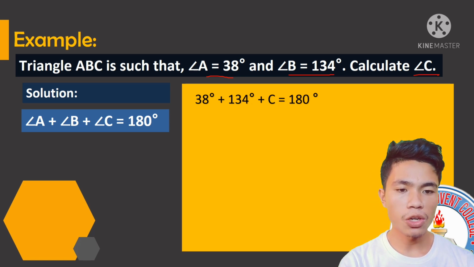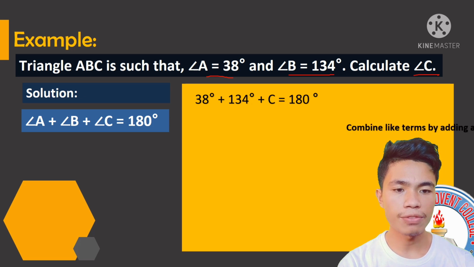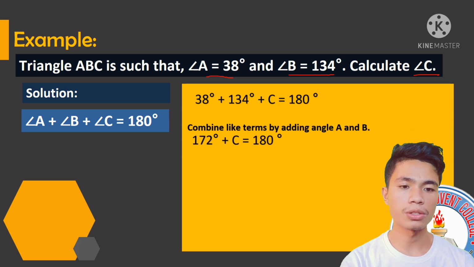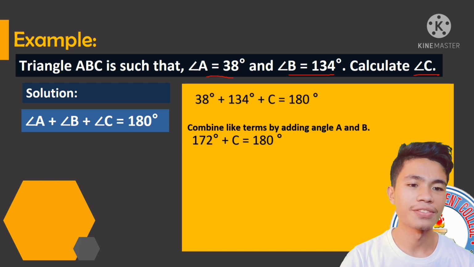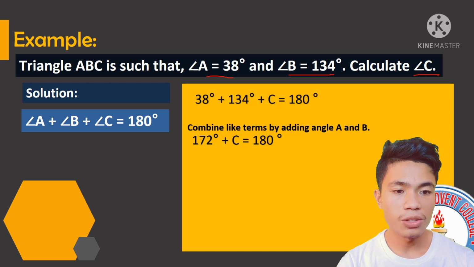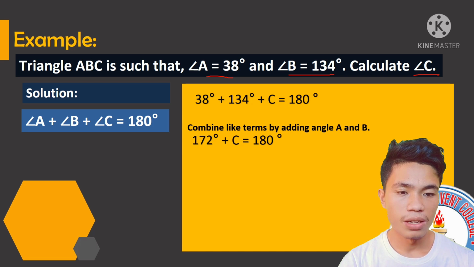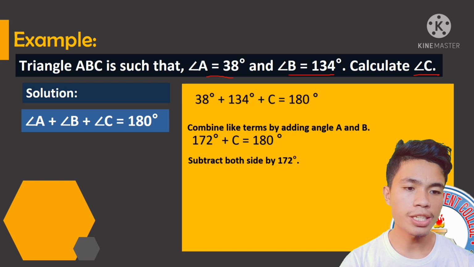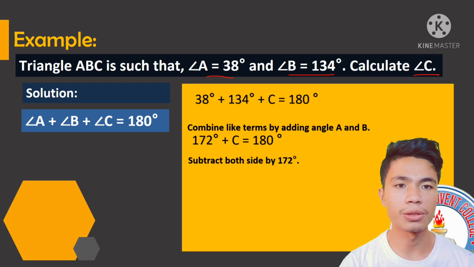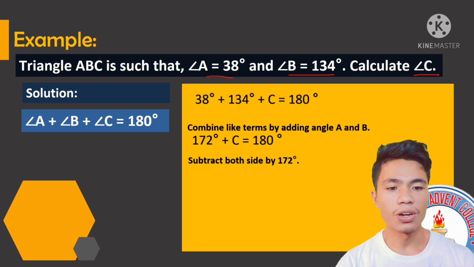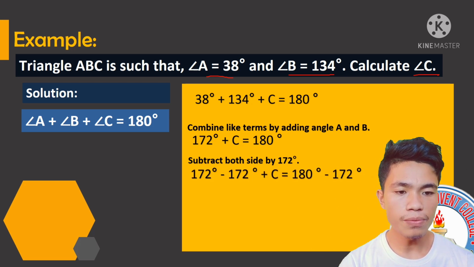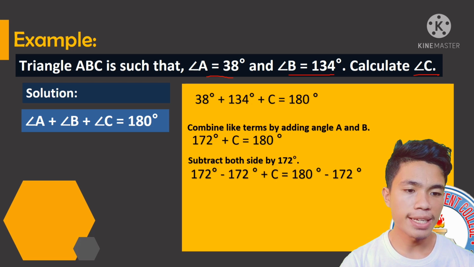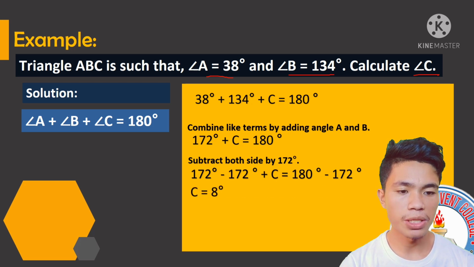Now we are going to combine like terms. 38 plus 134 is equal to 172 degrees, plus angle C is equal to 180 degrees. The next thing to do is to subtract both sides by 172. So 172 minus 172 is equal to 0, and 180 minus 172 is equal to 8.